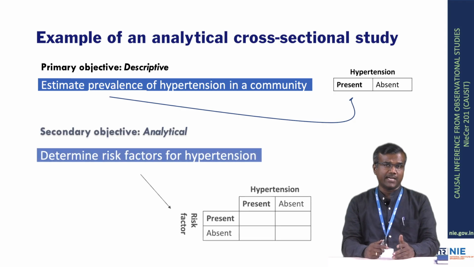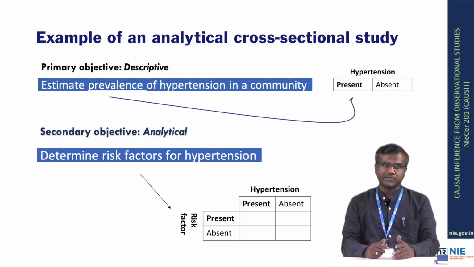Hence, the investigators may set out to examine or evaluate or determine association of the exposures or risk factors studied with that of a particular outcome of interest. For example, to determine risk factors for hypertension as a secondary objective to that of the estimation of prevalence of hypertension.